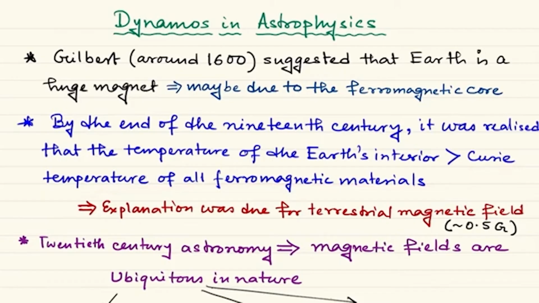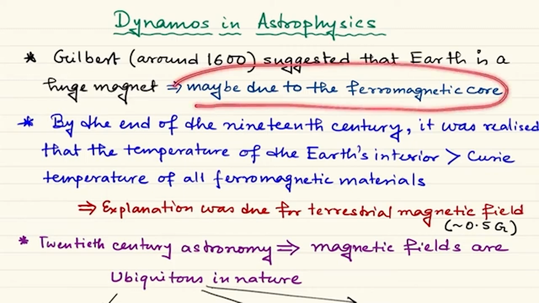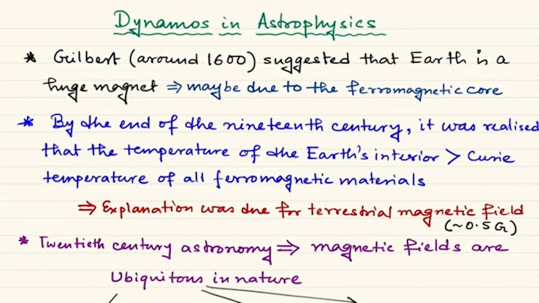That means in the Earth's interior, all these ferromagnetic materials would behave like a paramagnetic material, as you know from your knowledge of the Curie point. So the explanation that the Earth's magnetism is of ferromagnetic origin, due to ferromagnetic materials at the Earth's center, was discarded.